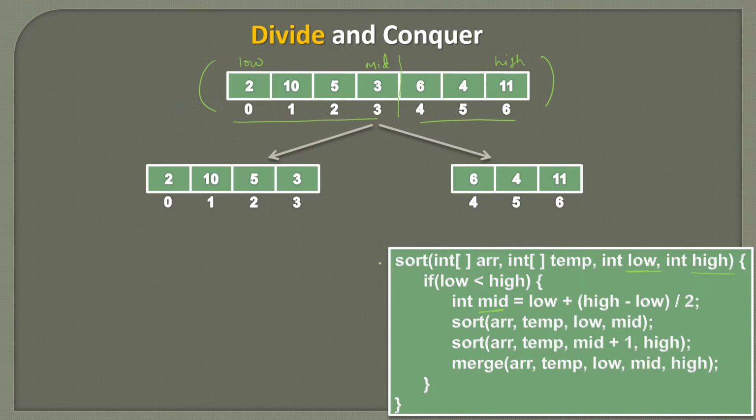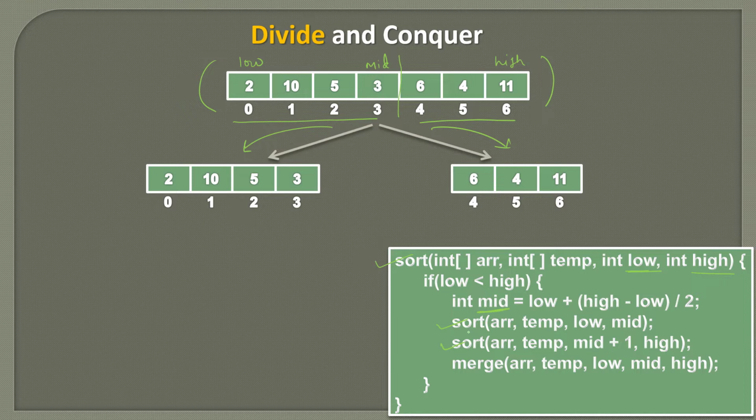It's only the pointers which decide which is the left part and which is the right part. So here you can see in the sort method, this method gets called two times recursively. One is for going into the left side and one is for going to the right side after breaking it based on the mid element.